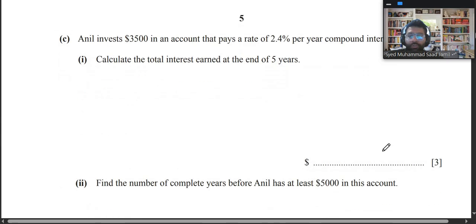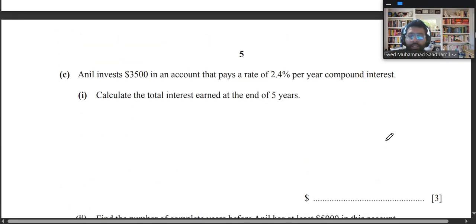Moving on to the next question, it says Anil invests 3,500 in an account that pays a rate of 2.4% per year compound interest. Look, the word is compound. Calculate the total interest earned at the end of 5 years. Okay. So look, first of all, what is the formula for compound interest?